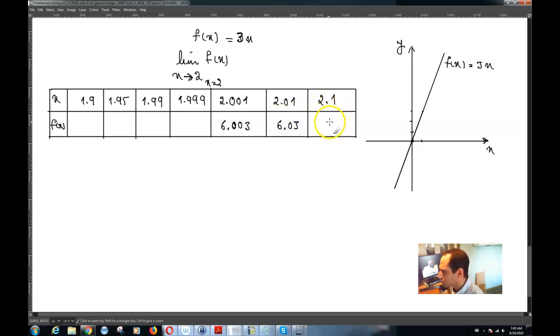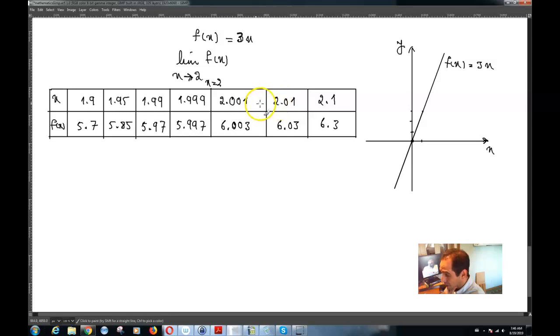For 2.1 it is 6.3. For 1.999 the output is 5.997. For 1.99 it's 5.97, for 1.95 it's 5.85, and for 1.9 it's 5.7.